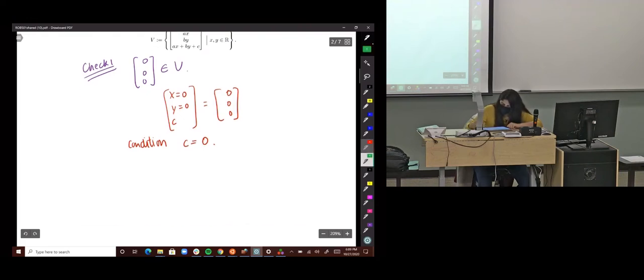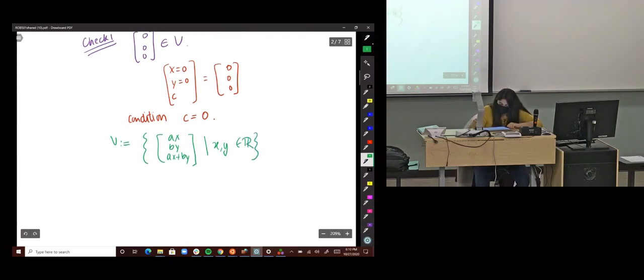So I redefine my set V as (ax, by, ax plus by), such that x and y are in the set of real numbers. Now this could or could not be a subspace.